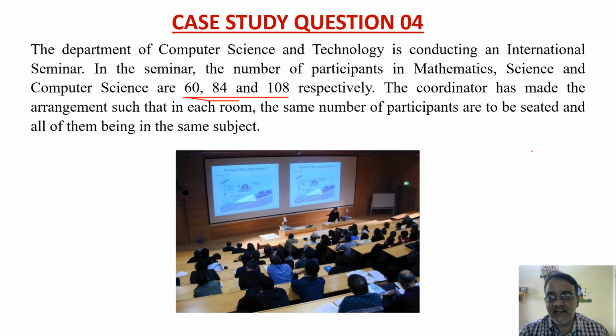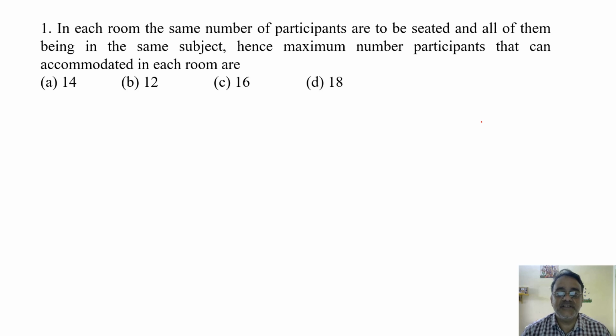The coordinator has made the arrangement such that in each room, the same number of participants are to be seated and all of them being in the same subject. So now we are going to solve some questions based on this information. Hence, the maximum number of participants that can be accommodated in each room are dash.